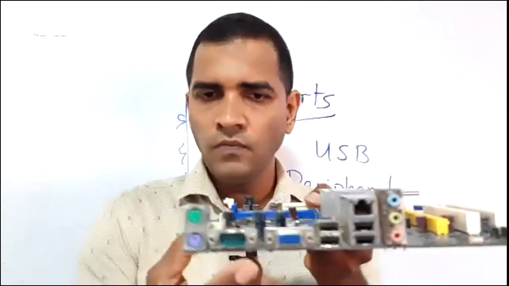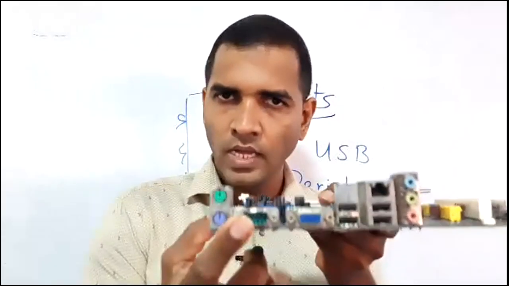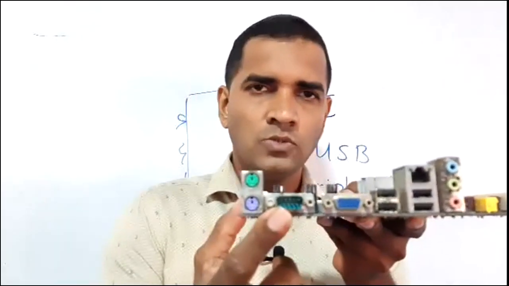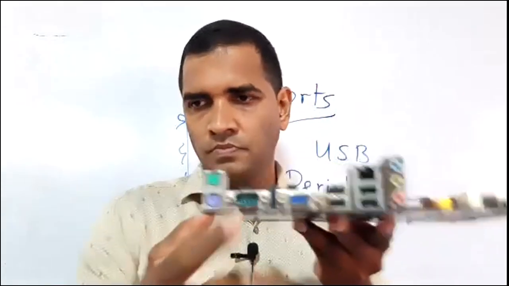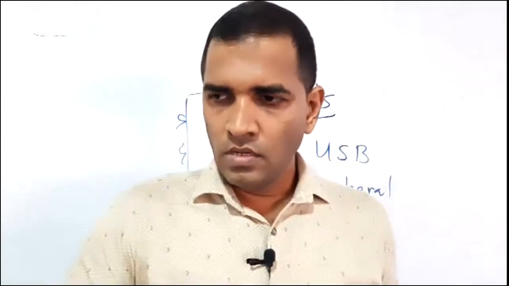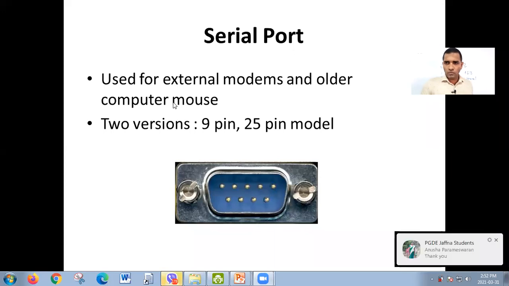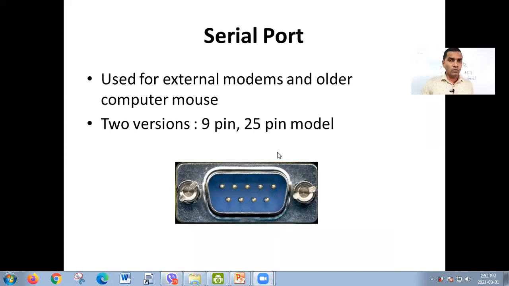There can be two different serial ports, one with 9 pins, the other with 25 pins. So we connected two devices with the serial port. One is the external modem, right? External modem means, now we use routers and other devices for getting internet.